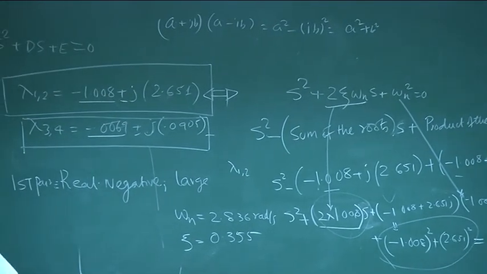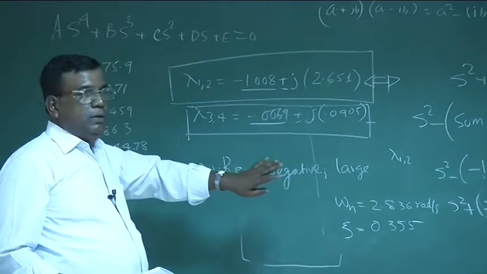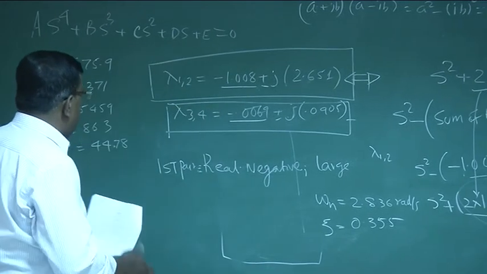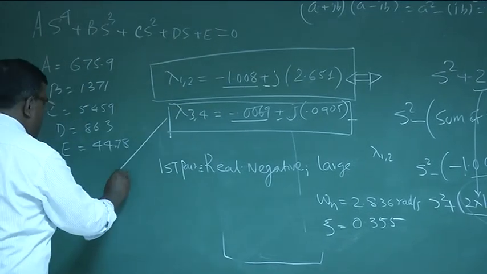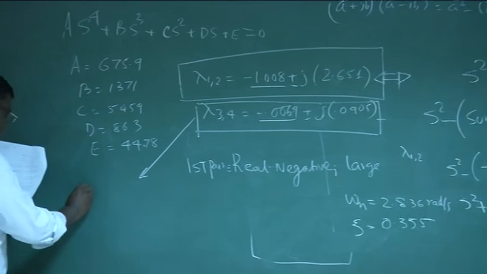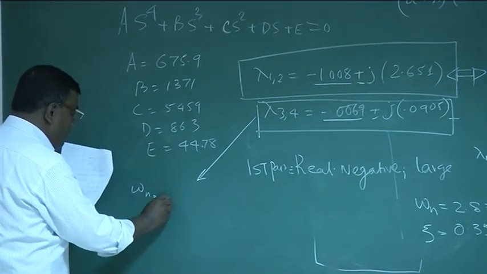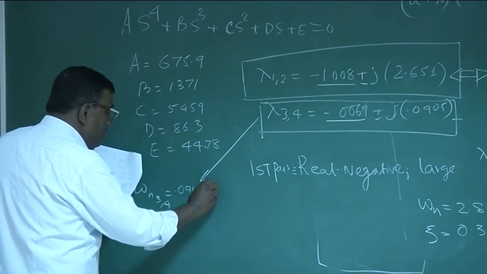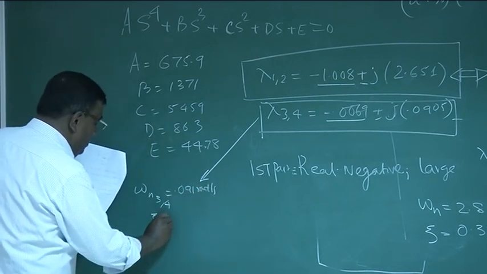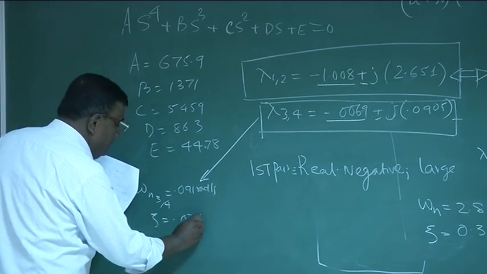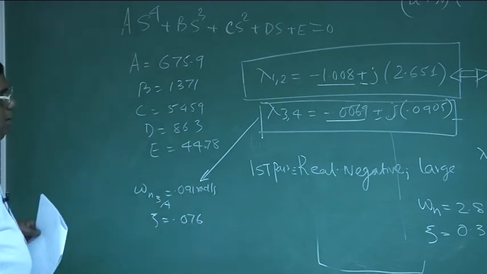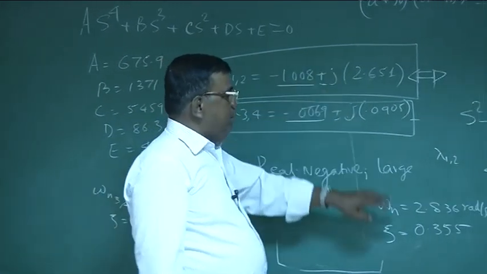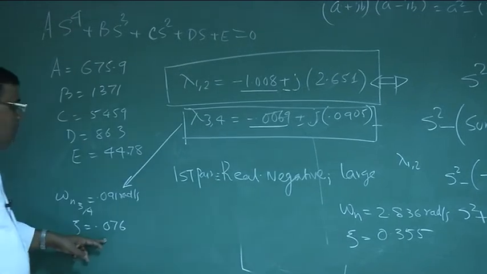So you could see I could use this equation and find out the roots. Similarly, for the other pair I can find in a similar way, and you are supposed to do it and find that omega n phugoid will be equal to 0.091 radian per second, and zeta equal to 0.076. You could see that the zeta for the first one is very, very high compared to the second one.